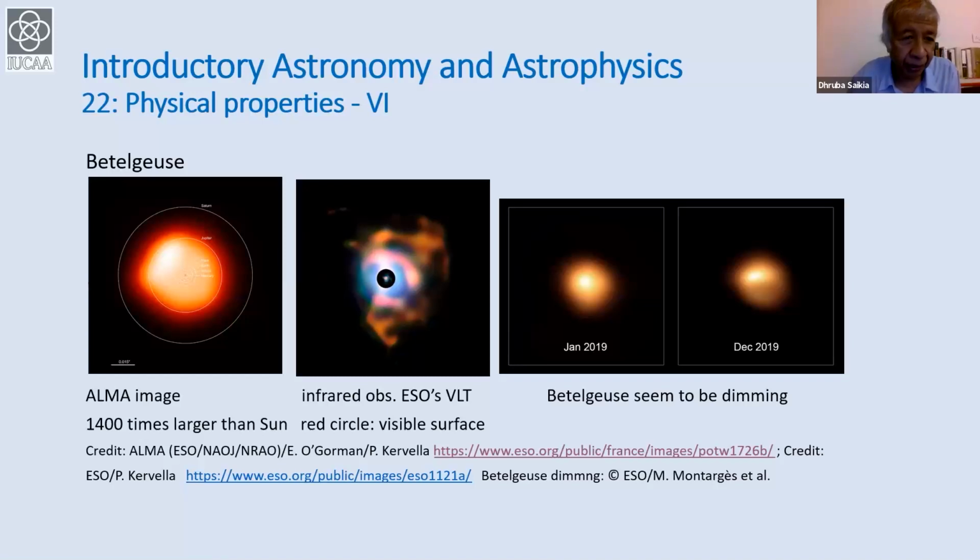Here I've shown you the ALMA image of Betelgeuse. ALMA is the Atacama Large Millimeter Array. And then you can see in the middle panel the infrared observations, which have been done with the European Southern Observatory's Very Large Telescope, VLT. And the red circle which you see in the middle panel, right over here where I'm pointing my cursor, that is where the visible surface of Betelgeuse is.